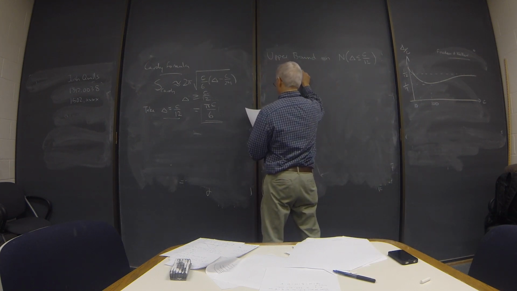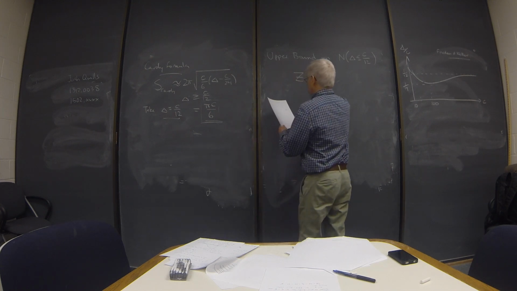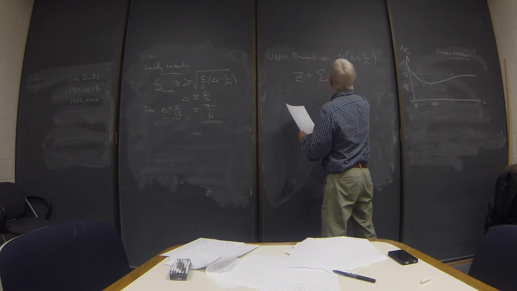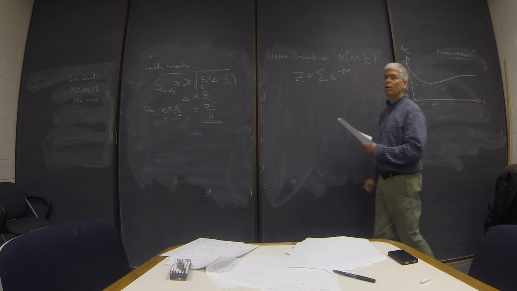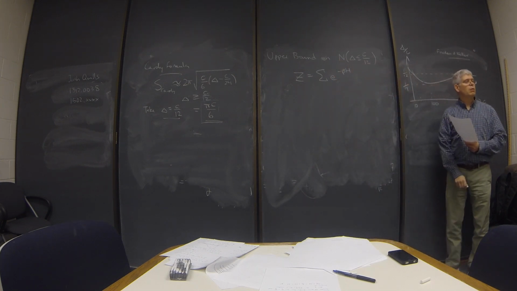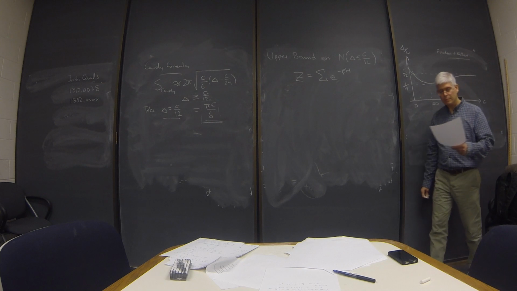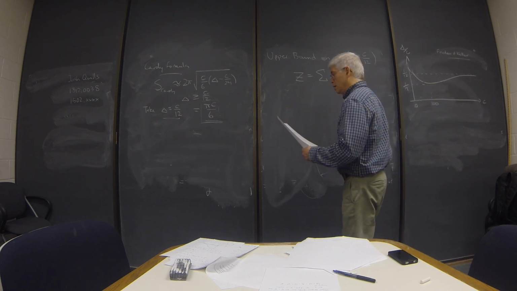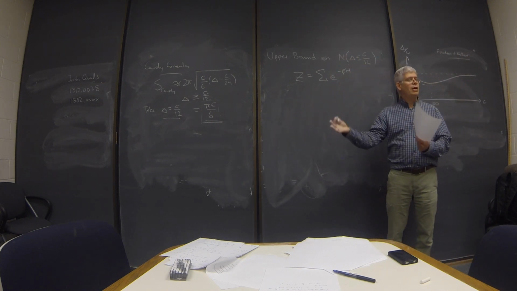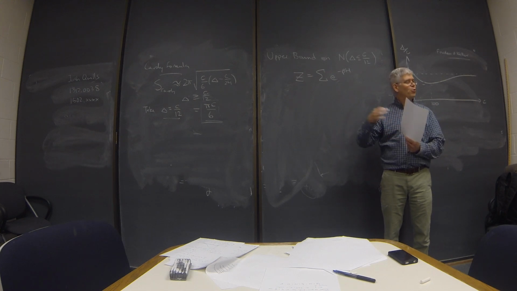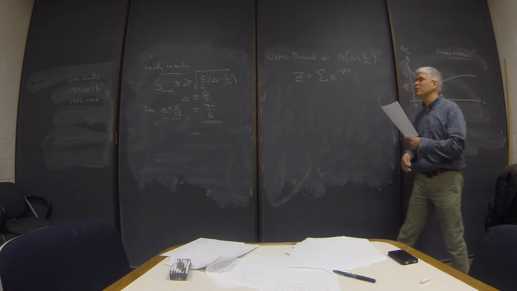I'm not going to decompose into primaries. I'm going to give an upper bound on the total number of states. That makes the argument a little bit simpler. And that's stronger because obviously any primary state is a state, so this will also be an upper bound on the number of primaries.